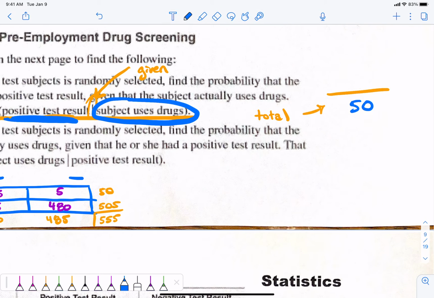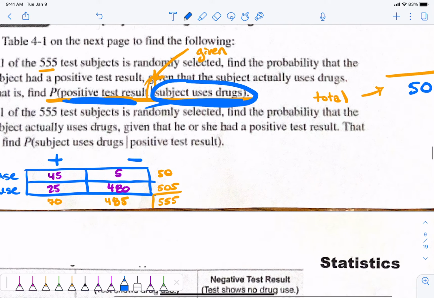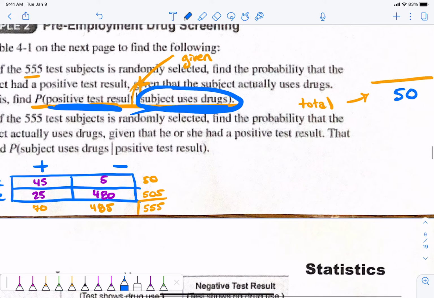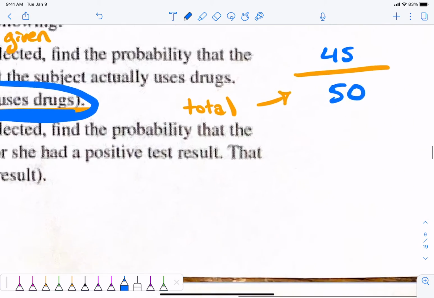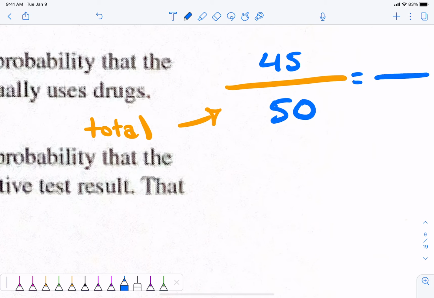It's everything after the given. Of those 50, how many tested positive? 45. So that is my conditional probability, and I reduce it to 9 over 10, or 0.9, or 90%.